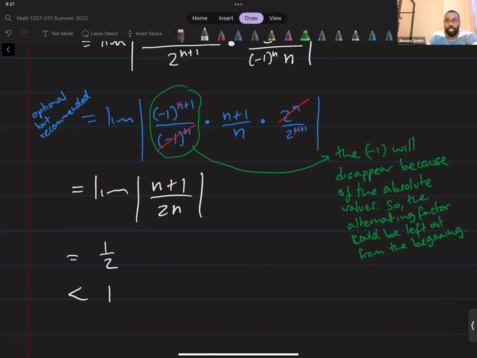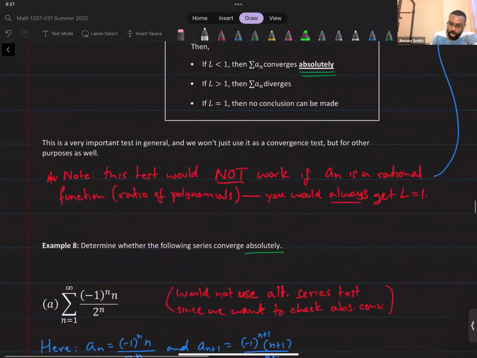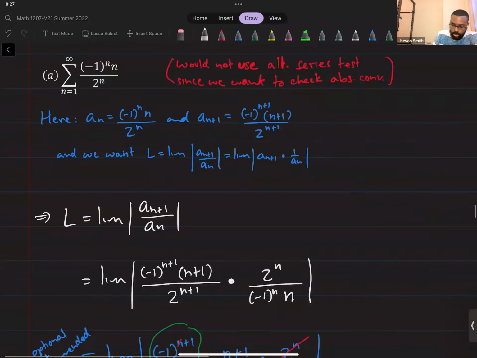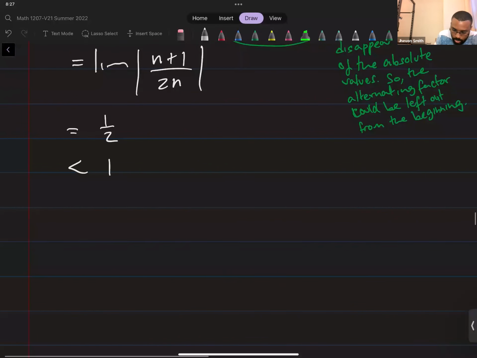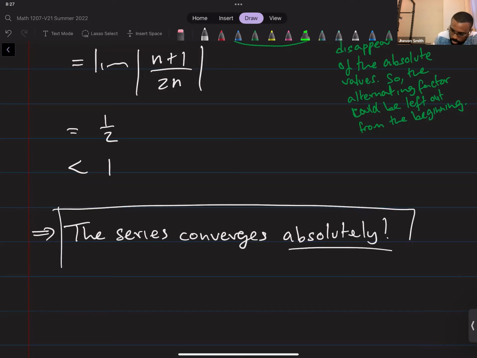So you end up in a situation where L is less than 1, and so according to this, our series will converge absolutely. Absolutely converges.